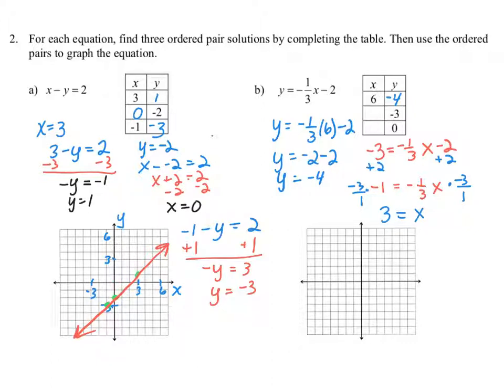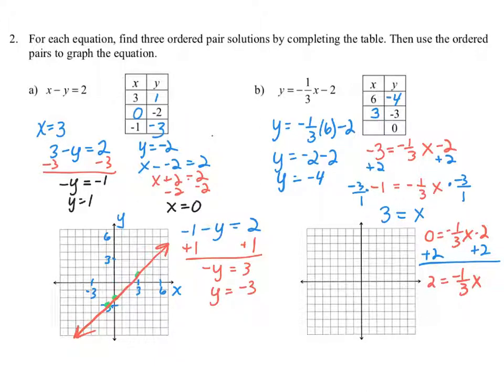And we can plug that value into the table. Now finally, the last point we're looking at is when y is equal to 0. So you're going to replace the y in the original equation with 0, and we get 0 equals -1/3 x minus 2. We're going to add 2 to both sides, and then the resulting equation is 2 is equal to -1/3 of x.